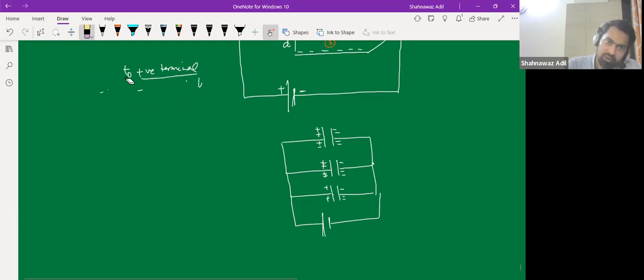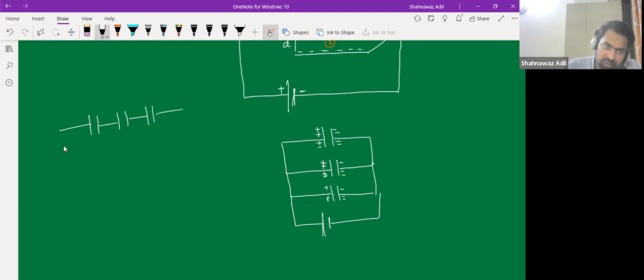Sir, if you are connecting them negative to positive, so it will be series. Yes, in this condition you have this capacitor, and then you connect this capacitor, and then this capacitor. So you are connecting alternately: this is positive and this is negative, and this is positive and this is negative.